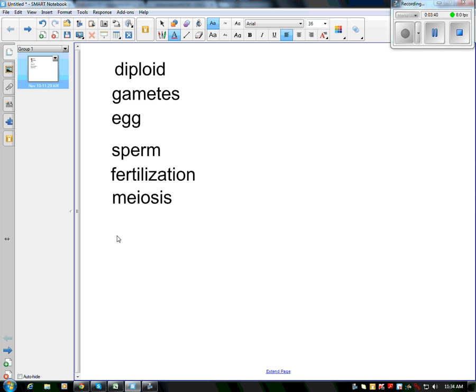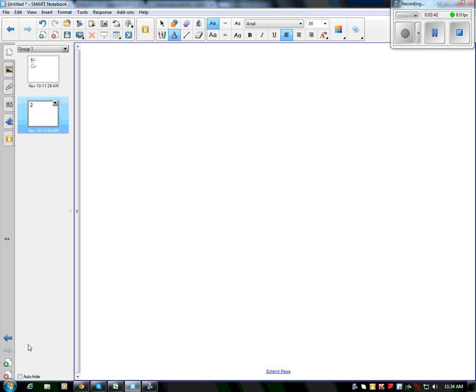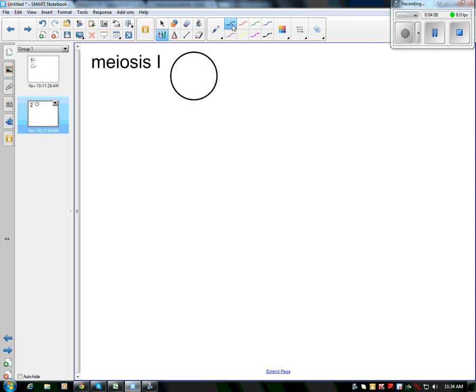All right, I'm going to go to the next page. This is going to be fun. All right, so meiosis 1. Let's just say it's already gone through interphase.